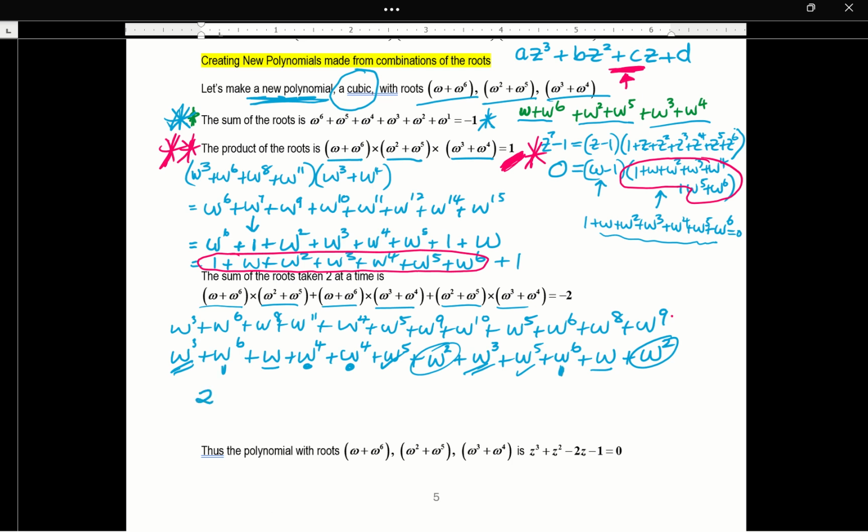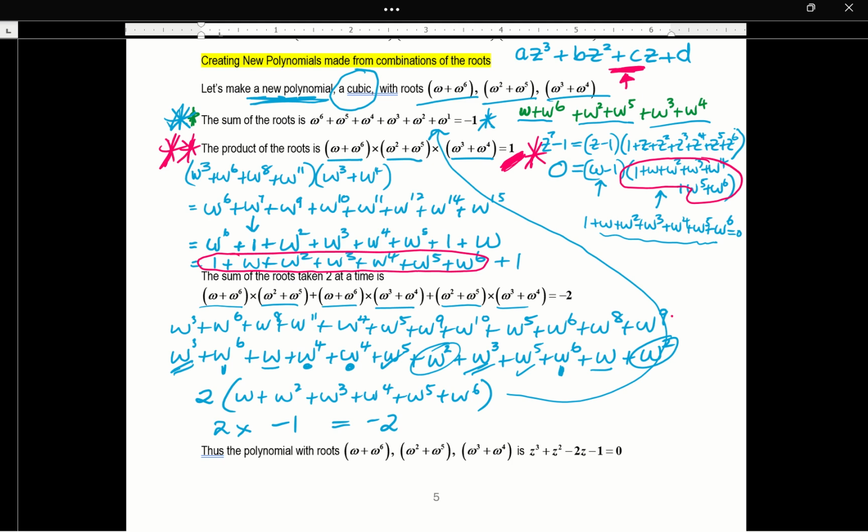So basically, I've got 2 of the following: w plus w squared plus w cubed plus w^4 plus w^5 plus w^6. Now, from before, up here, we know that w plus w^2, 3, 4, 5, 6 equals minus 1. So 2 of those is minus 2.